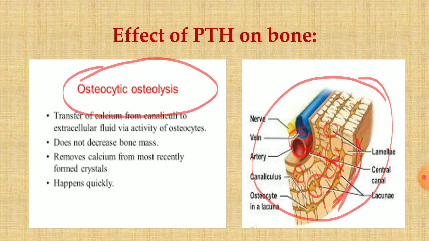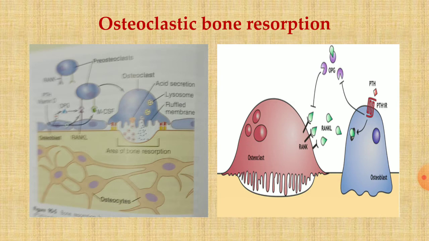Now let us see what happens when the exposure to PTH becomes further prolonged. If by osteocytic osteolysis the blood calcium level cannot be replenished, the further action or prolonged action of PTH is warranted.